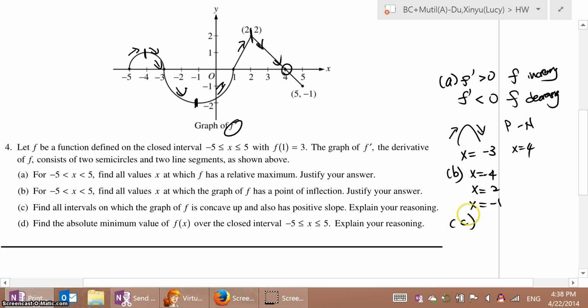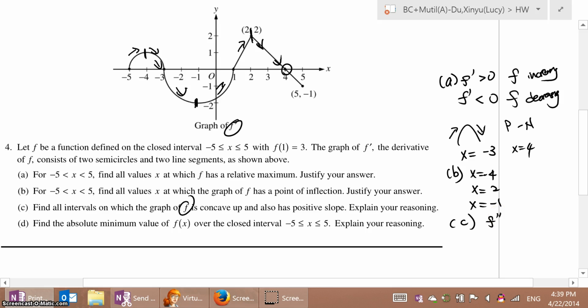For part C, find all intervals on which the graph of f is concave up and also has positive slope. So concavity depends on the second derivative of f.